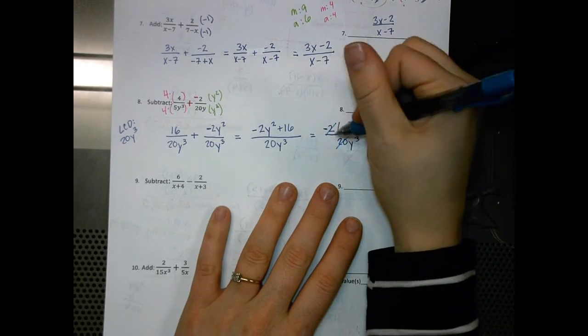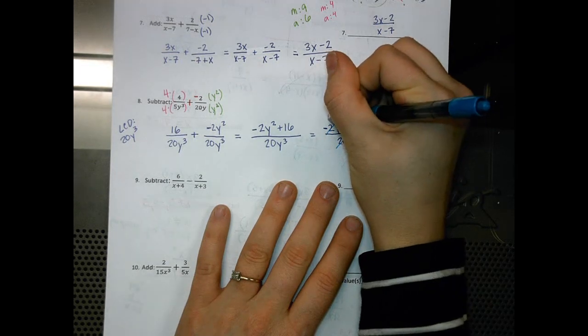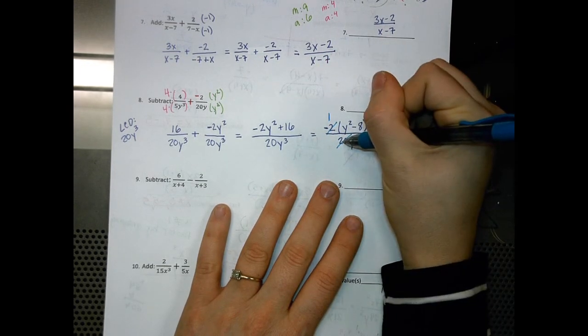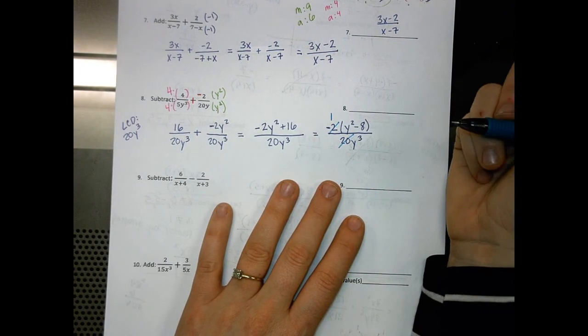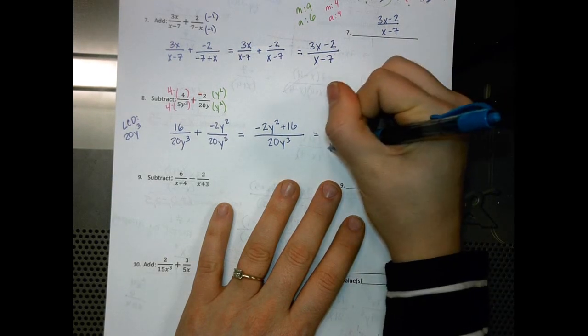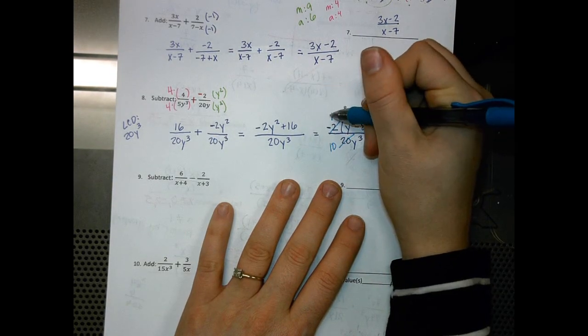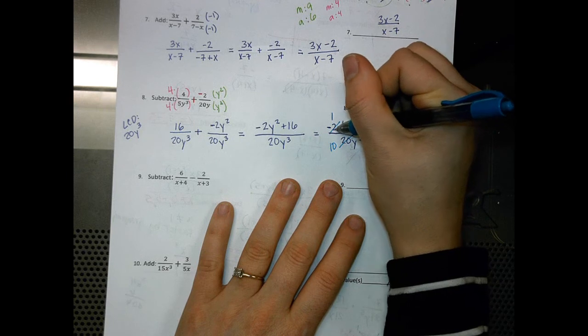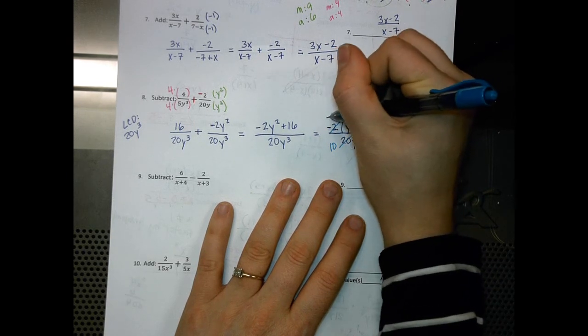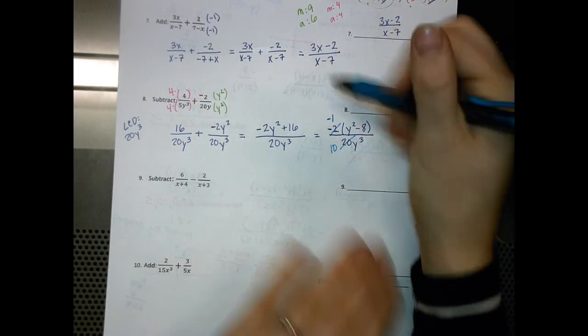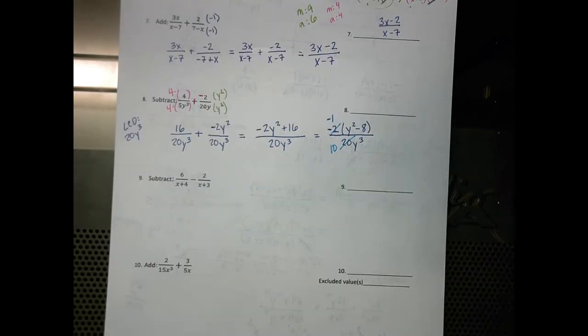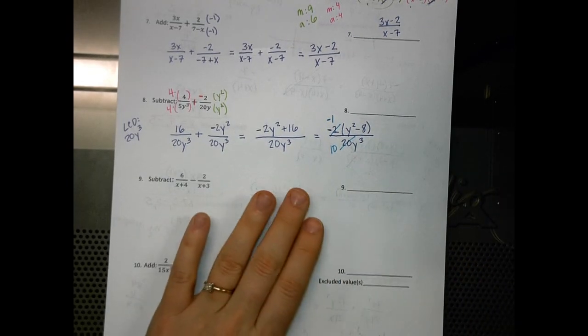So if I divide by -2, I get 1. And what would my denominator be? -10. If I divide my numerator by positive 2, it would be -1 over 10. No matter what, if you have a negative in your numerator and not one in your denominator, your solution should be negative.